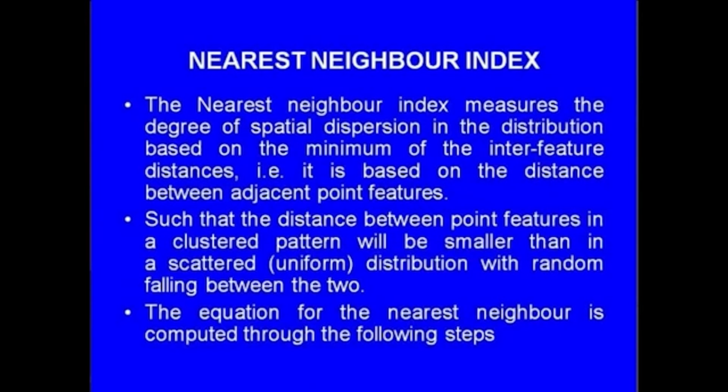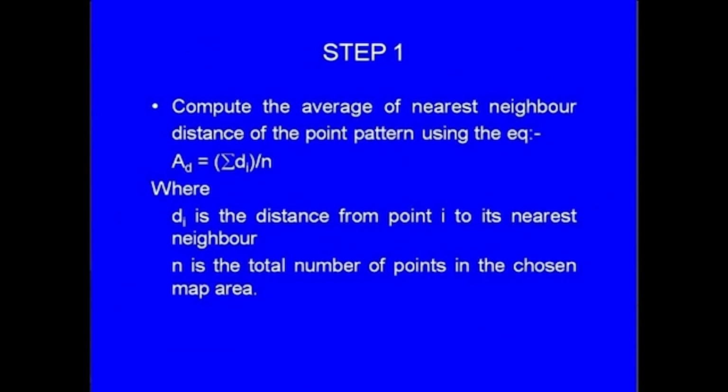The equation for the nearest neighborhood index is computed through the following steps. Step 1, compute the average of the nearest neighbor distances of the point pattern using the equation AD = ΣDi / N, where Di is the distance of point i to its nearest neighbor, and N is the total number of points in the chosen map area.